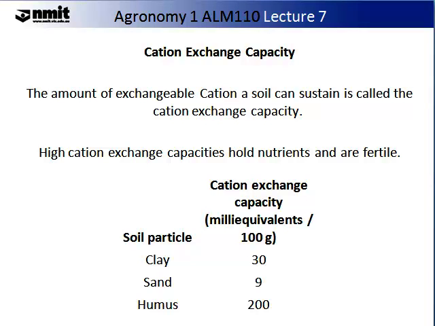The cation exchange capacity for the soil particle clay is 30 milliequivalents per 100 grams, for sand it is 9 milliequivalents per 100 grams, and humus has a high level of 200 milliequivalents per 100 grams. From these three components, this shows you that adding humus to the soil will increase your cation exchange capacity.